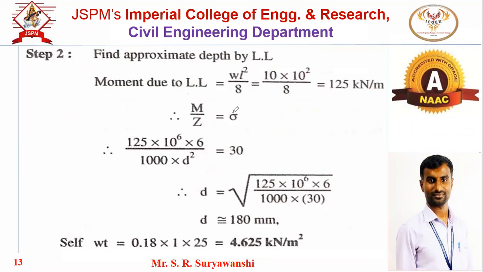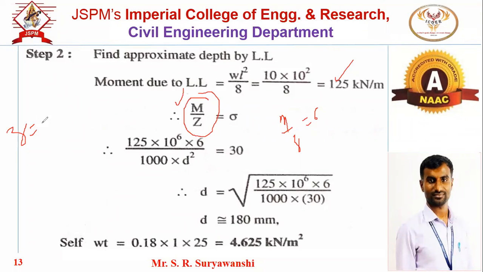Now we know that from simple bending theory, M by Z is equal to the stress. Now this M by Z we can find out. The moment due to the live load we have calculated, that is 125. Z is nothing but the section modulus.